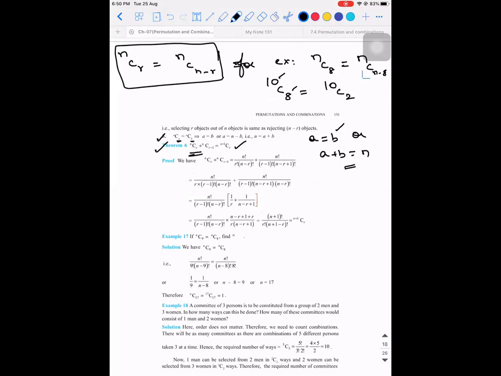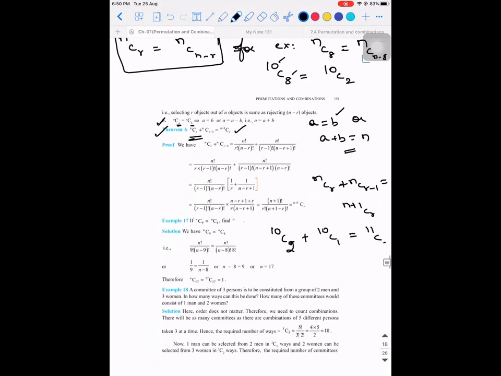As of now, have this in mind: nCr plus nC(r minus 1) is equal to (n plus 1)Cr. For example, 10C2 plus 10C1 will be equal to how much? 11C2.